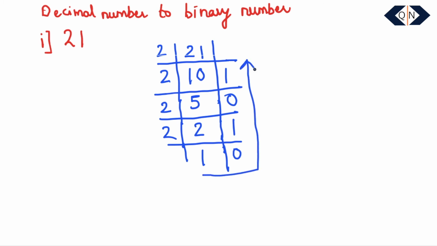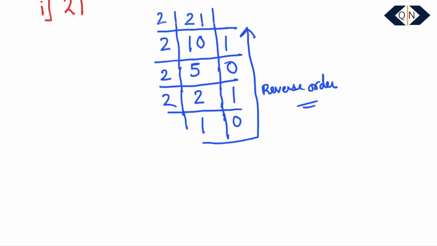So going further, we will write it in the reverse order. This is a method. Okay, so what will be the answer? 21 decimal, represented in the binary format, is 10101.